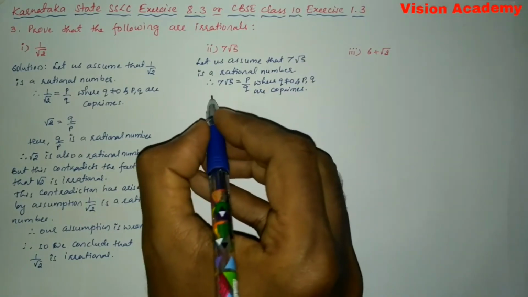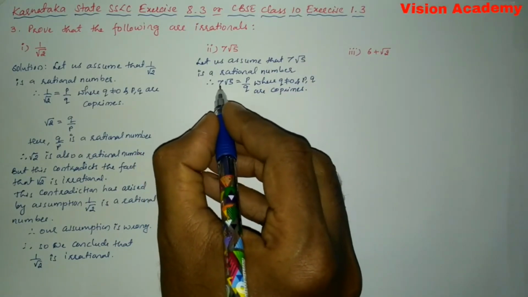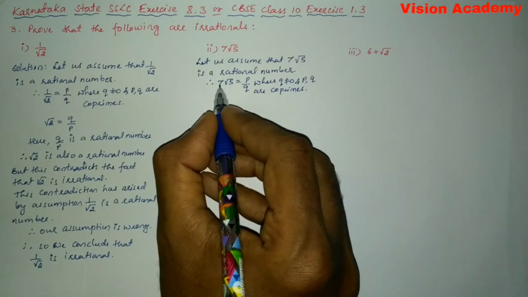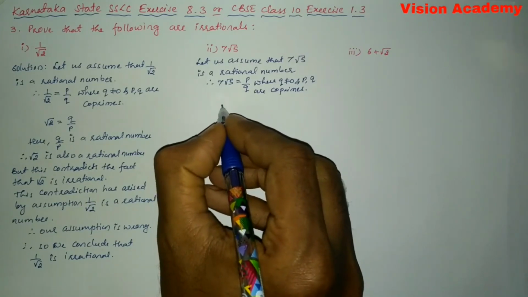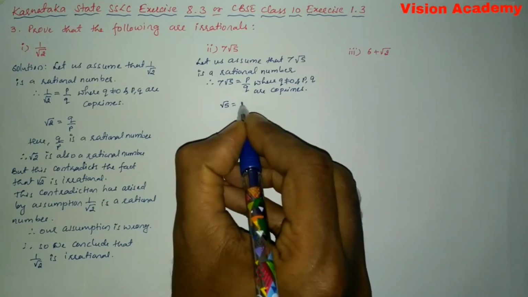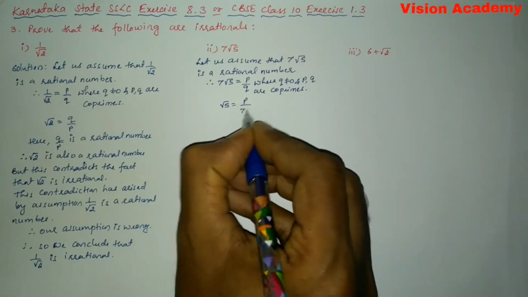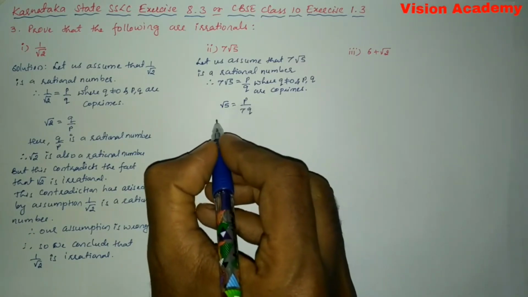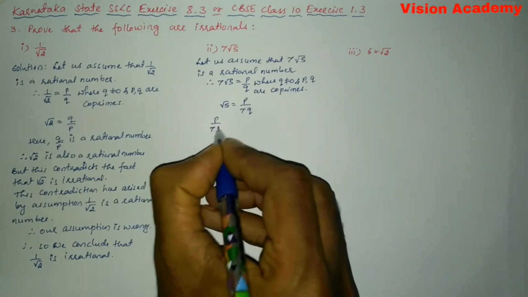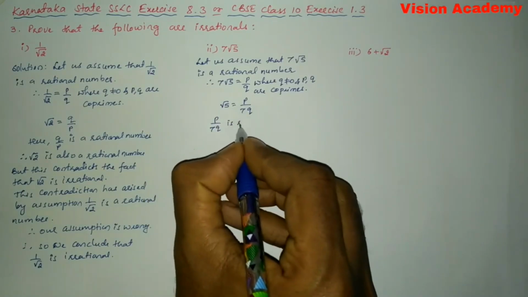Now let us further simplify this one: let us transfer this 7 from LHS to RHS. Here we are going to get square root of 5 is equal to p by 7q. Here p by 7q is rational.